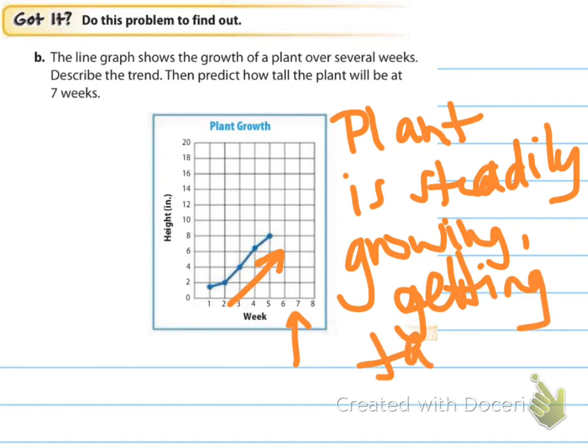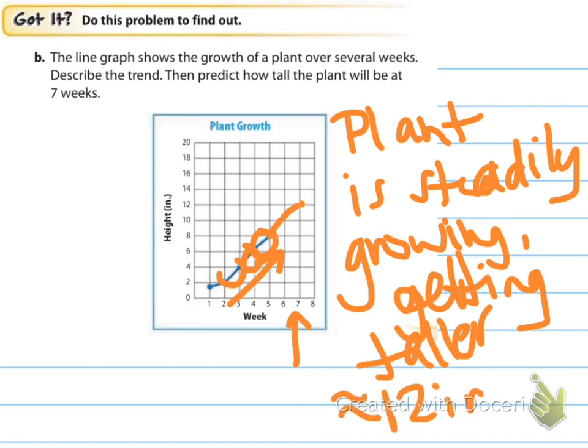If I were to predict how big it will be, it looks like it's growing 2 inches every week for the past 3 weeks. So I would predict that it would continue to grow and that by week 7 we would be at 12 inches tall, because it is growing at a pretty steady increase of 2 inches per week.